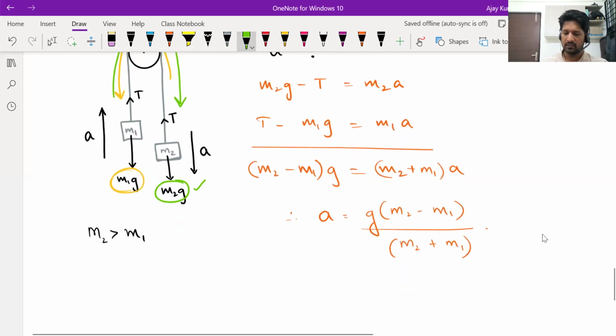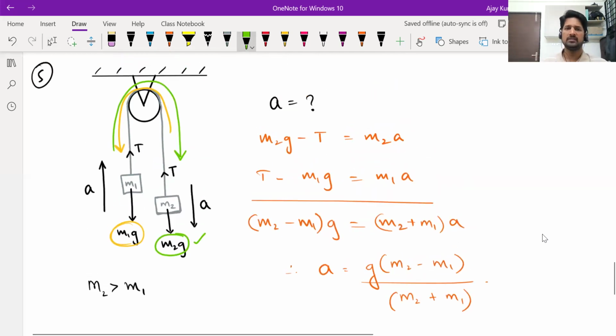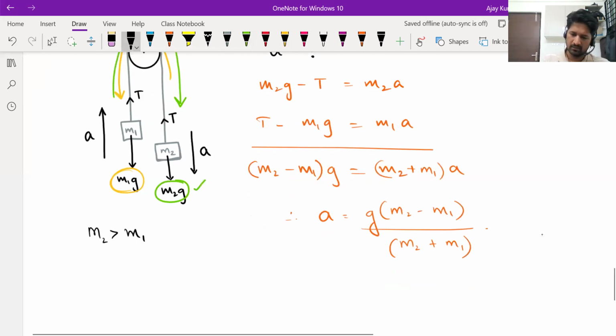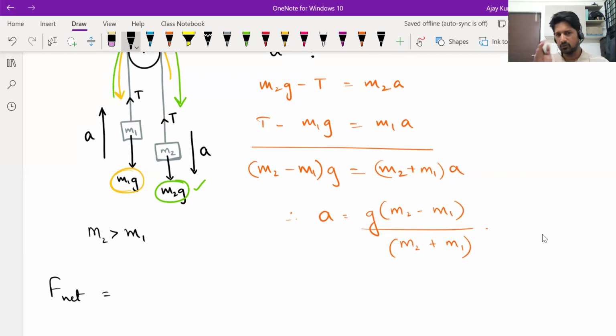So the net pull on this system, this is not a proper approach, but it will work. M2G is trying to make the system move in one direction. That is the correct way to say it. M1G is trying to make the system move in the exact opposite direction.